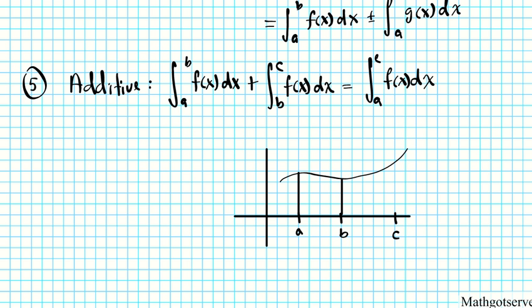Let's say this is a1. This integral right here is a1, the integral from a to b, right? And then this second integral is a sub 2, right? So since we continue from where we stopped, this region right here is a sub 2.